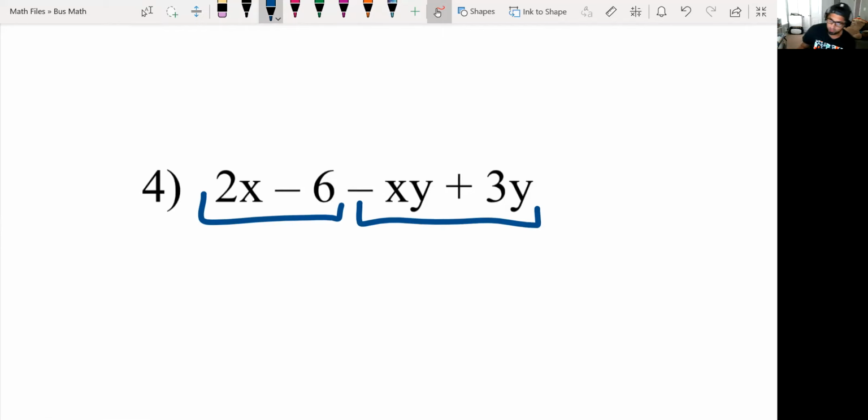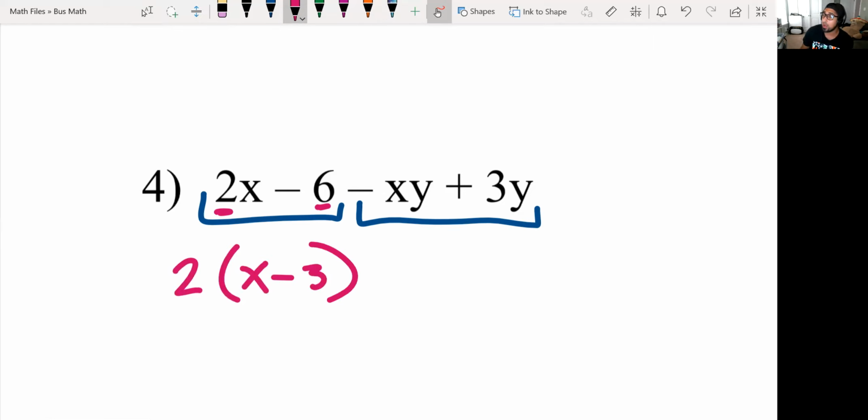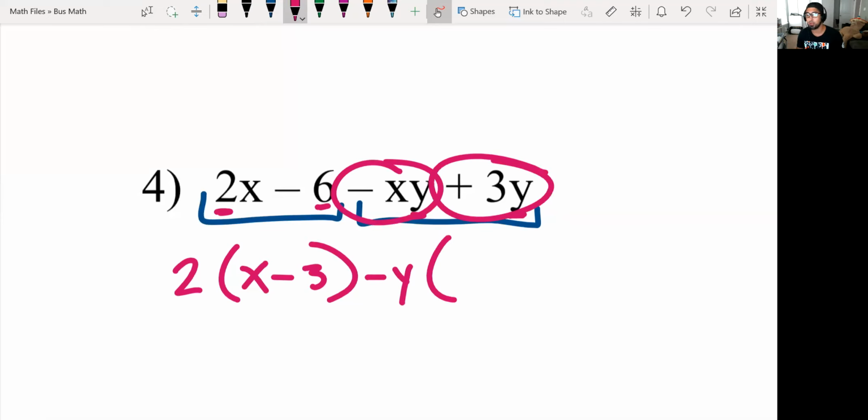All right. And 2x minus 6, 2 and 6. You take out a 2, and that gives me x minus 3. Negative xy and 3y, I see that y is my common factor, but I'm not going to take out a y, I'm going to take out a negative y. Because if I take out a negative y, that changes the signs of these two terms.